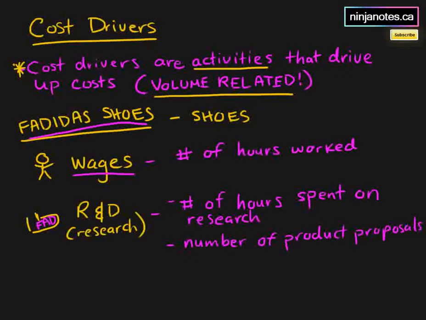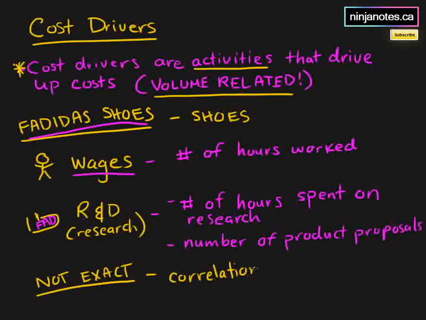So what I'm trying to show here is that cost drivers are not an exact science. Different companies can use different cost drivers, and actually choosing the right and the most effective cost driver has a big thing to do with this term, which is known as correlation. But correlation is going to be saved for a later tutorial.